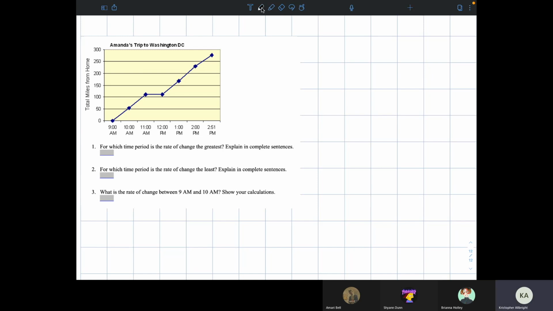So the period for which the rate of change is the greatest will be this period here, it's at 12 right here. So from 11 to 1 or from 12 to 1 or however you want to say that. I don't know exactly what they're looking for here.